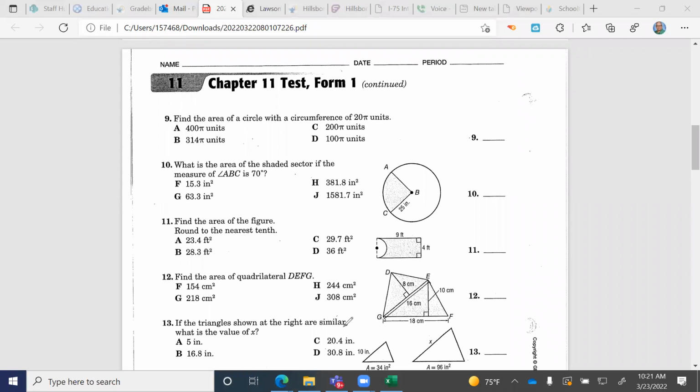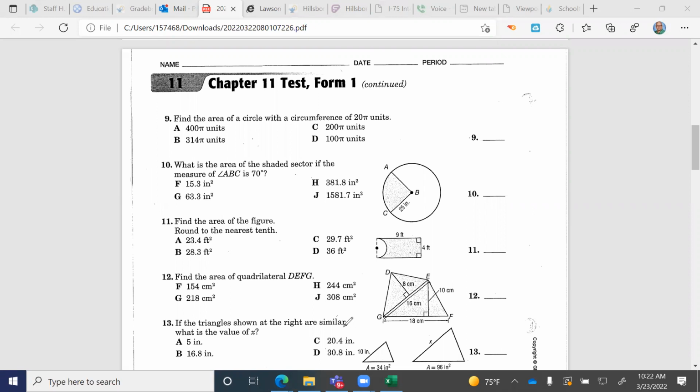So 9 through 11 are fairly easy compared to what we just did. If you try it, great. If you did it, I'd like you to try it all.